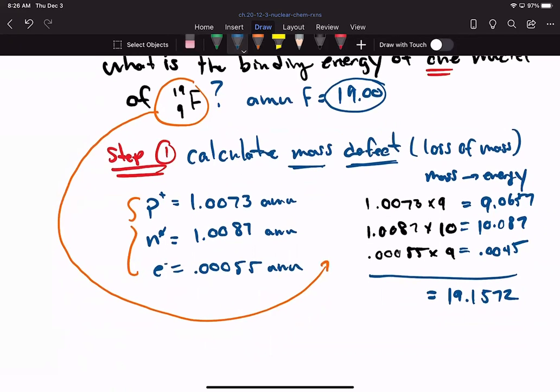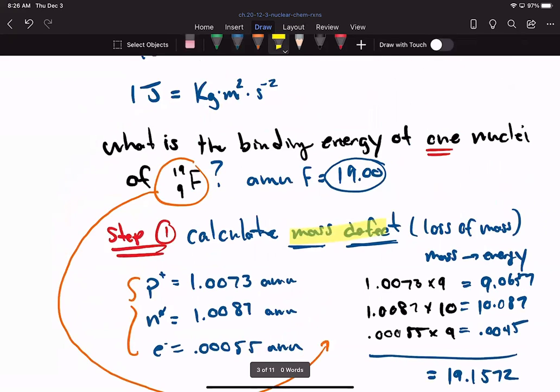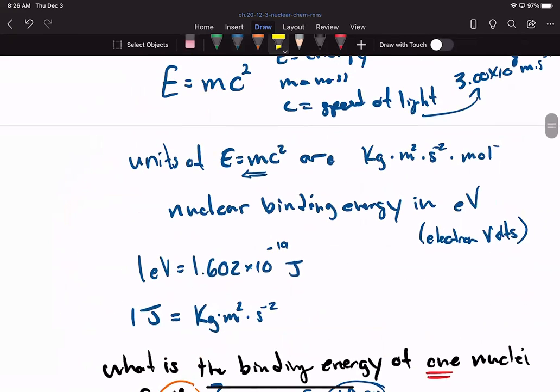So in order to calculate the mass defect, we're going to take 19.1572 minus 19.00 equals 0.1572. This is our mass defect, right? This is the mass that I'm going to use here.